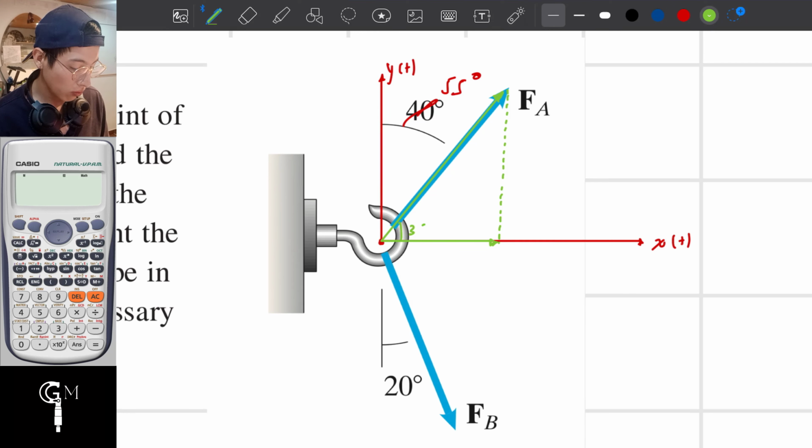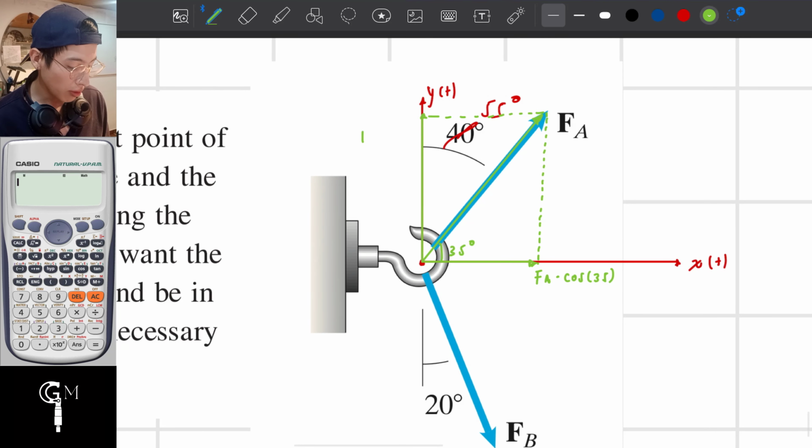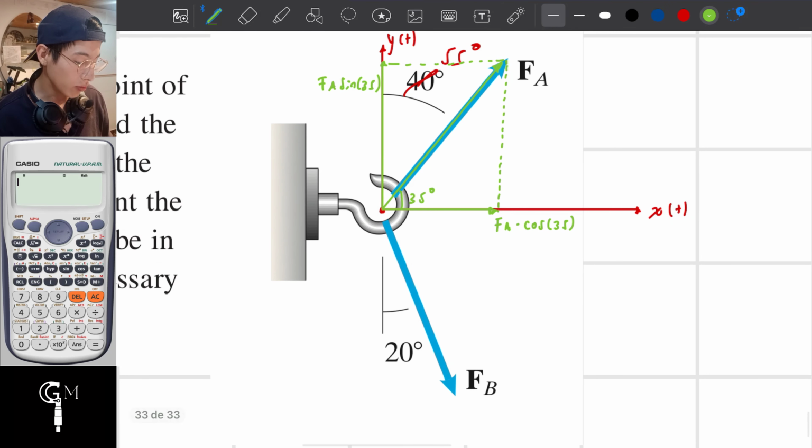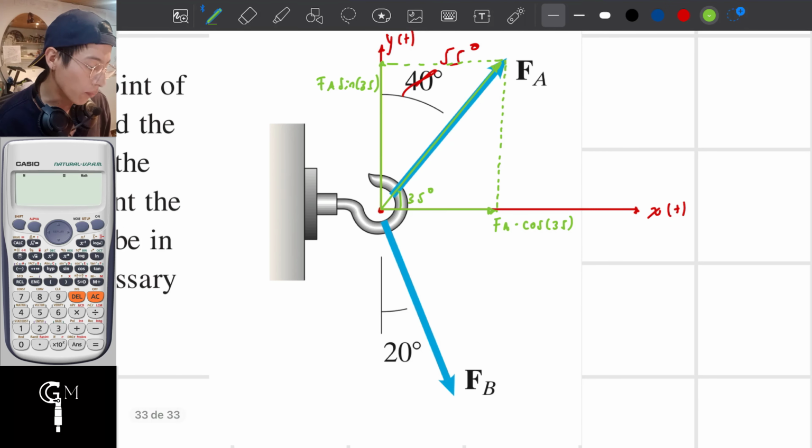So 35 degrees. Hence, this force is going to be called FA multiplied by the cosine of 35. Now, doing the exact same thing with the other force, I'm going to call it FA sine of 35. And that is pretty much it regarding the FA components.